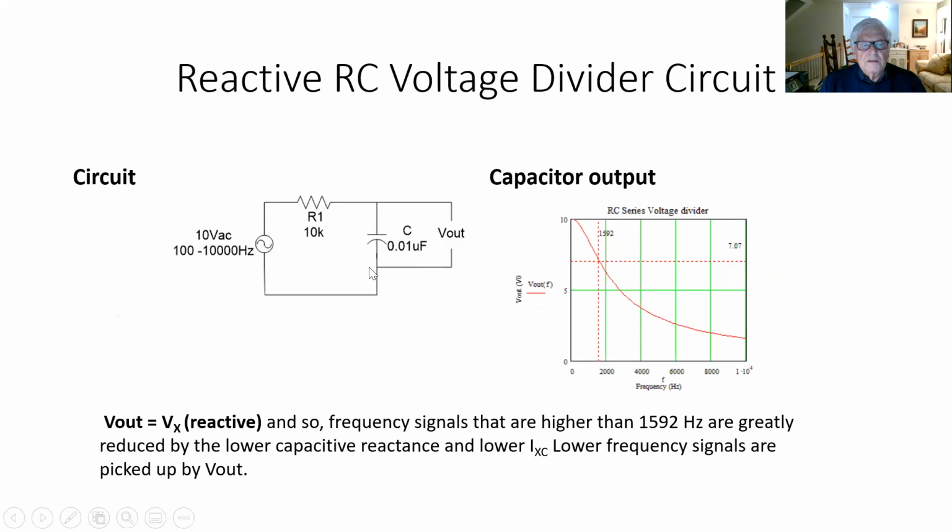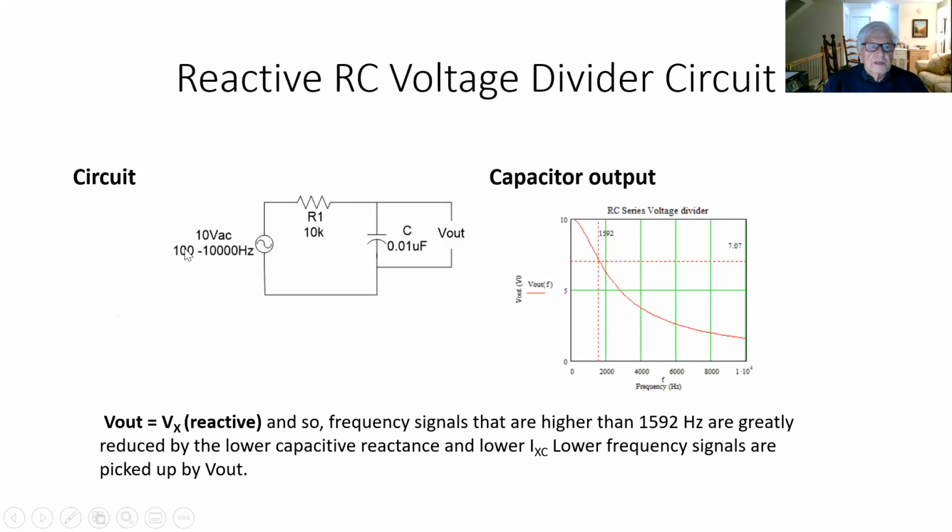Okay, here's a case now. We're not changing the capacitance. We don't have a variable capacitor here, but we do have a variable frequency to simulate that you have a frequency range.